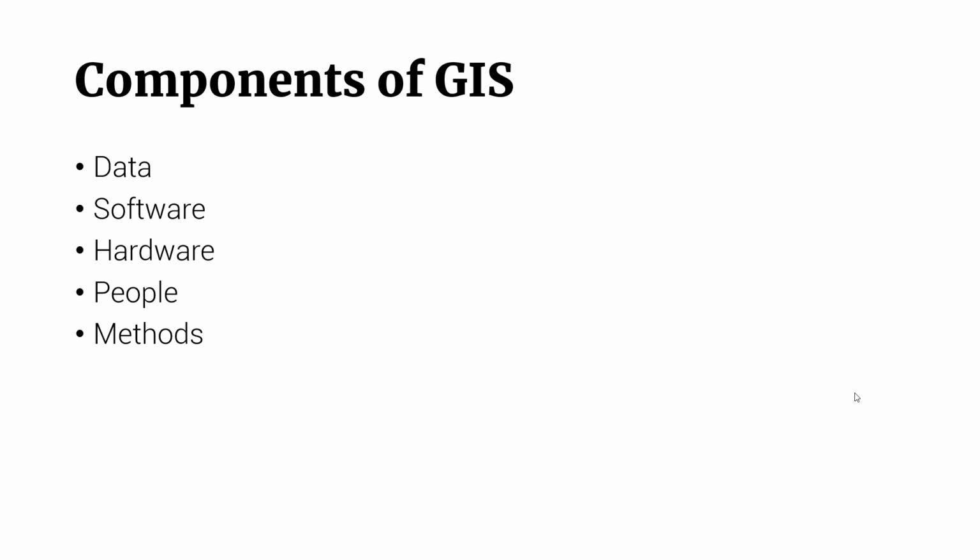And last is the method. It is the procedure or means or ways of handling data, performing analysis and interpretation, no? Establishing the systematic framework guiding GIS operations. So, we have different ways, various methods on how to perform GIS or execute GIS.